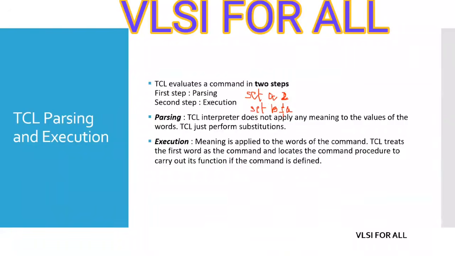So while parsing, what the TCL interpreter does is make the script like this: set B 2. This is what it does when it parses. Then in the execution stage, it applies the value to the variable. In the second step, it applies value 2 to B. In the first step, it just substitutes what value is supposed to be applied to B. This is how a TCL script is executed by the interpreter.